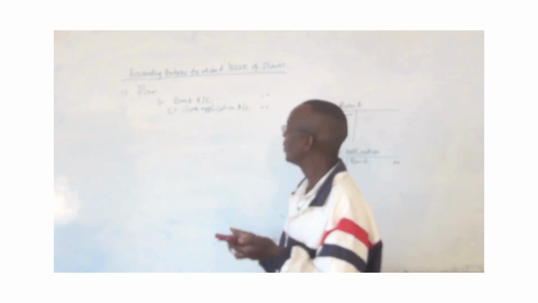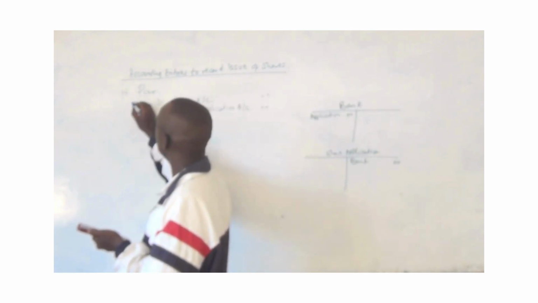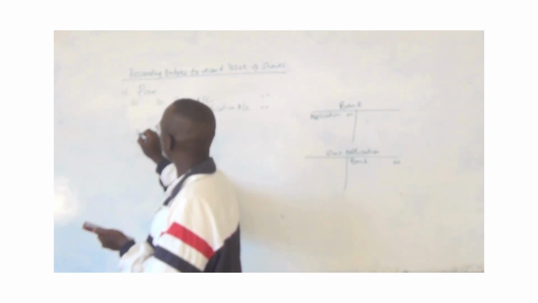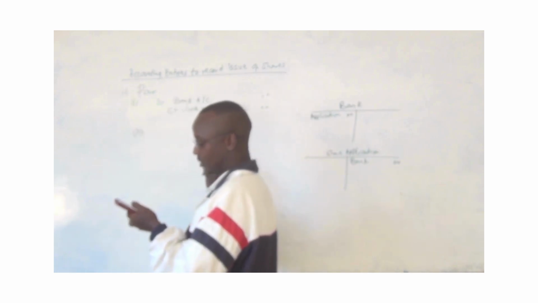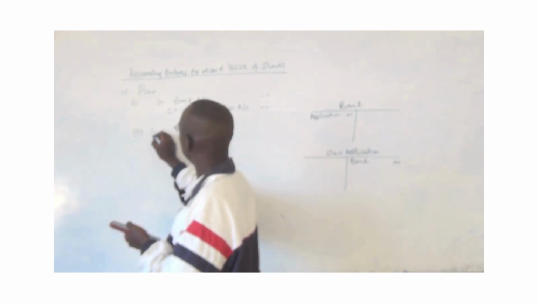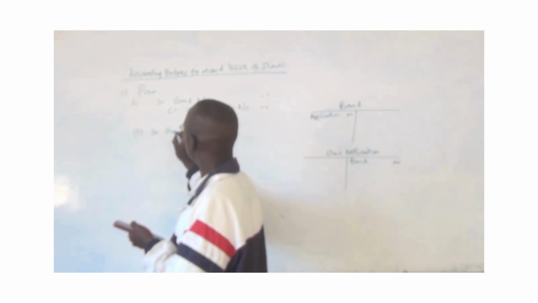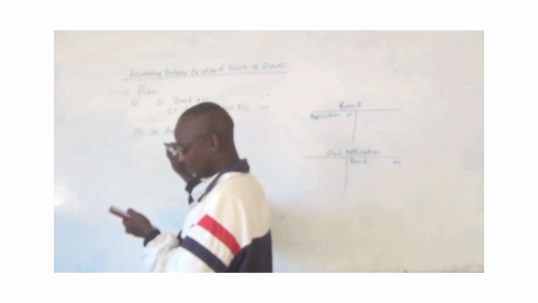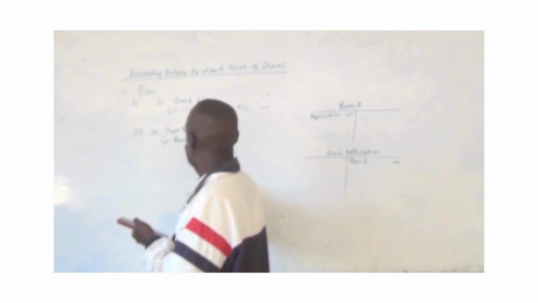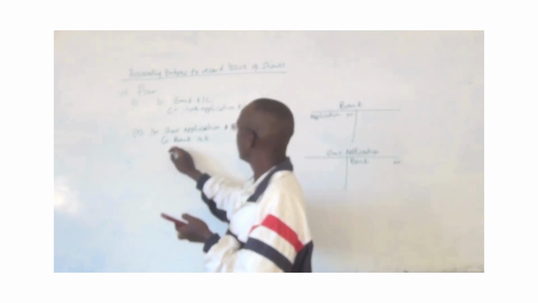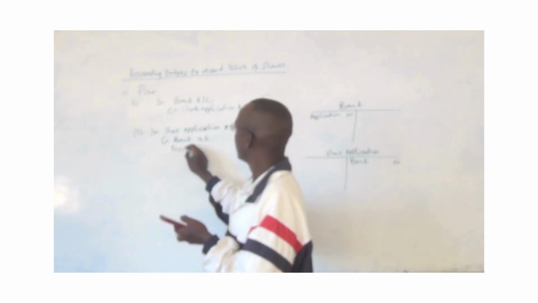How do you refund the money? This is one. The second thing to refund the money, you'll do what? You'll debit the share application account and credit bank account with the refund.